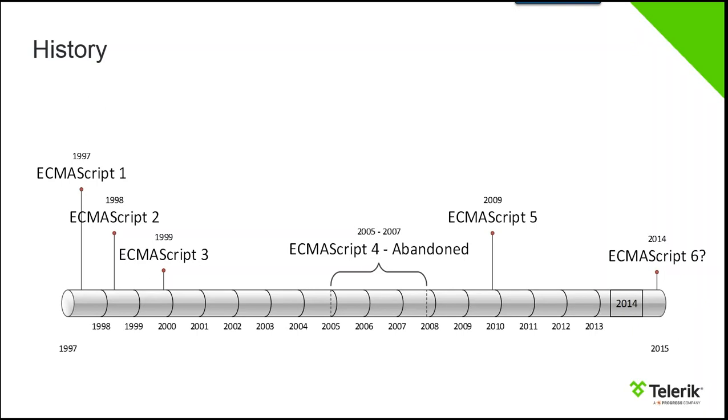Whatever features were frozen or whatever features they were thinking of for ECMAScript 4 were completely abandoned. But in ECMAScript 5 they did make certain modifications to the JavaScript language itself, saying, hey, I think we should make some core things available. So in 2009 ECMAScript 5 came out, and that is what we are currently coding. That is JavaScript 5, as you can call it.